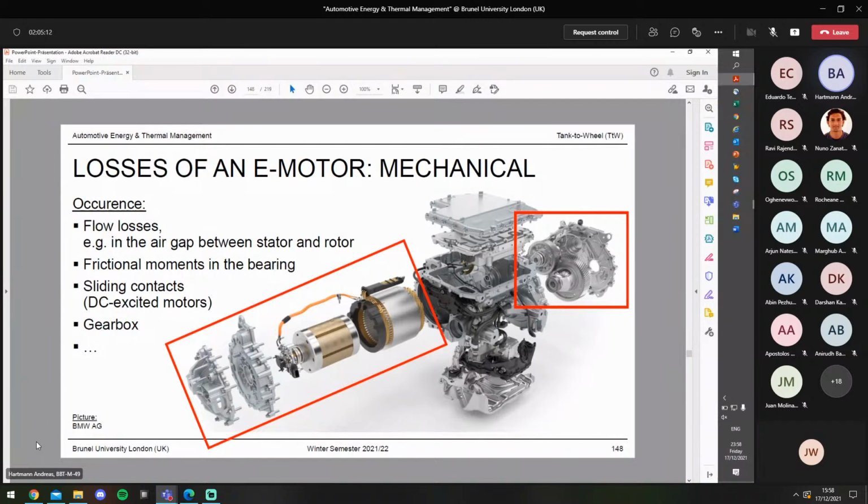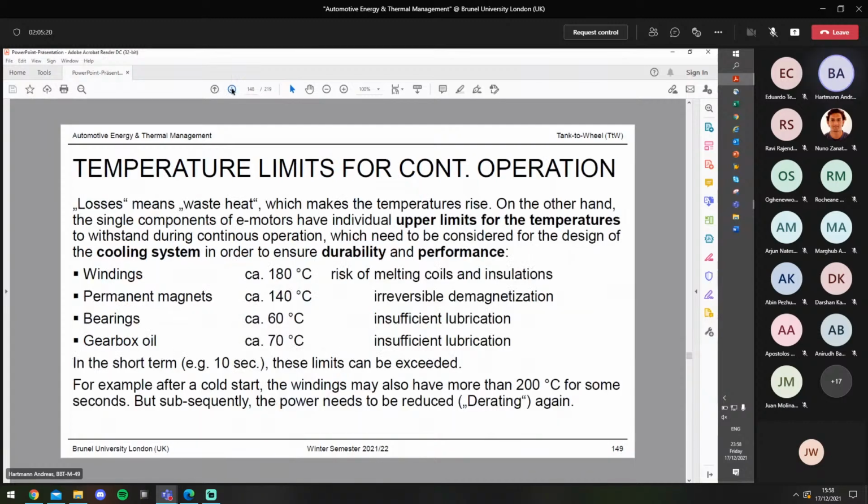And last but not least, shown here on the right, there are also mechanical losses to consider in the gearbox of the motor. And all these different components of the motor have, the same as the power electronics, upper temperature limits not to exceed, and this must be considered for the cooling.